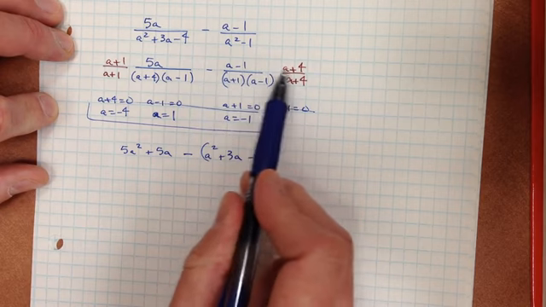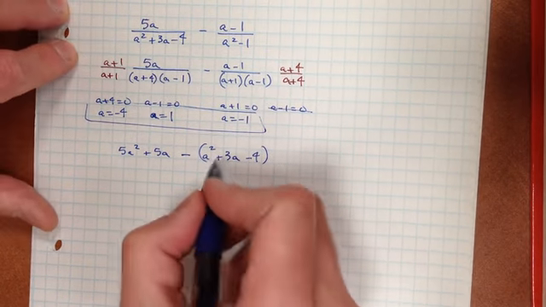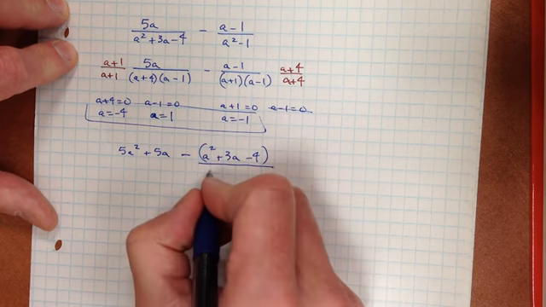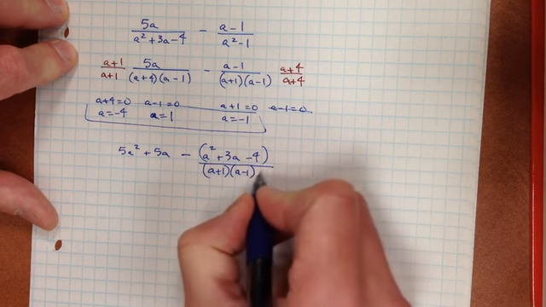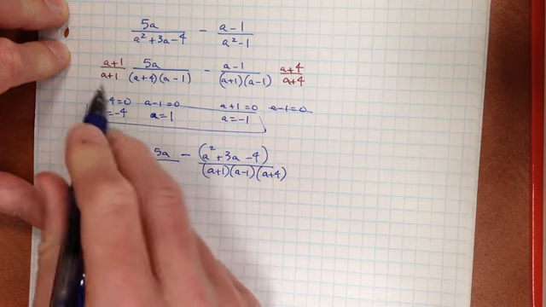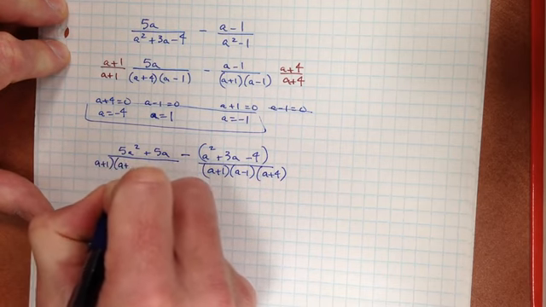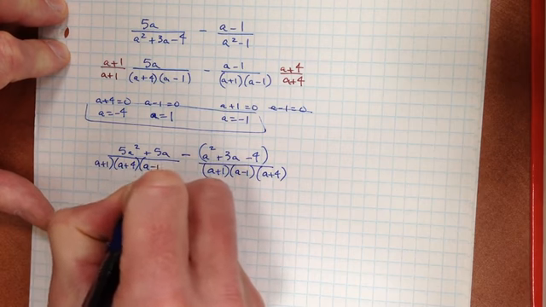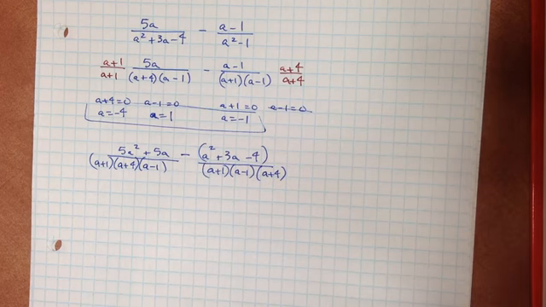All I did was multiply those two together. This negative will apply to everything in there. This fraction now has my common denominator. So does this fraction. There you go. So we are now allowed to add or subtract the numerators.